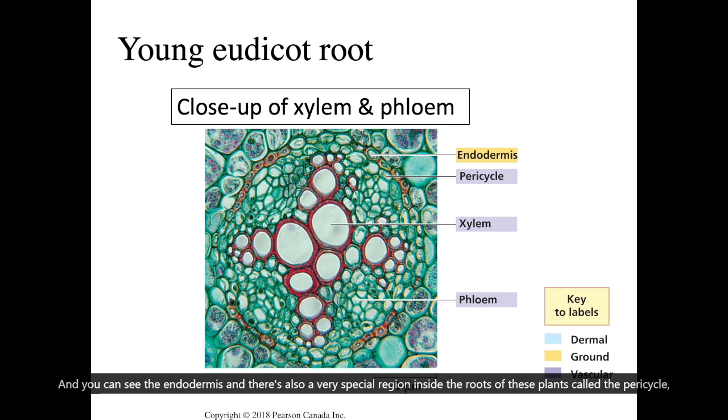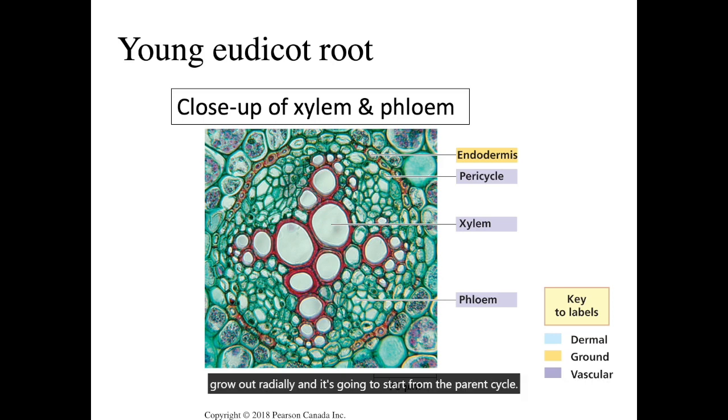And there's also a very special region inside the roots of these plants called the pericycle. The pericycle is inside the endodermis, and its role is to provide the source material for a lateral root. So if a lateral root is going to emerge from this root, it's going to grow out in the plane of this slide, grow out radially, and it's going to start from the pericycle, these special cells that can still divide.